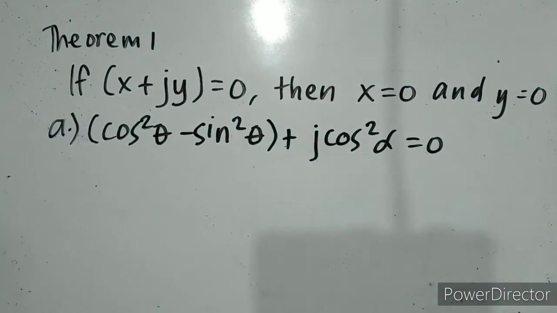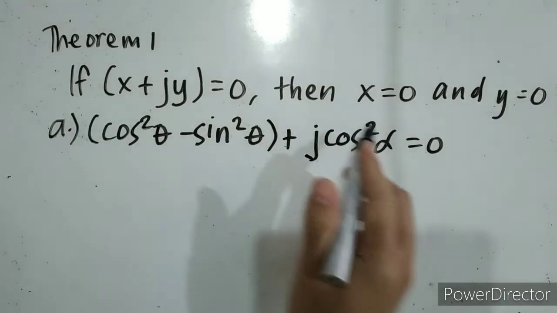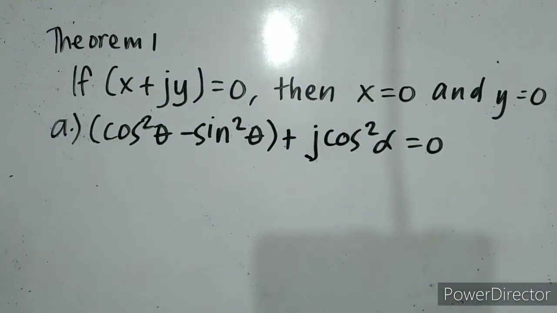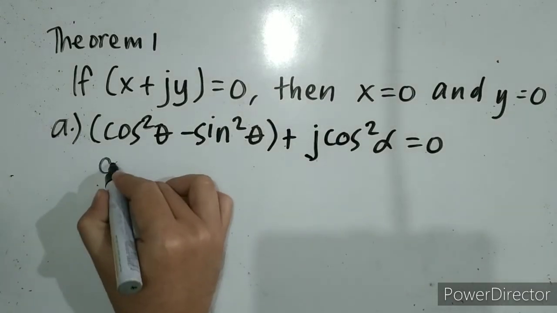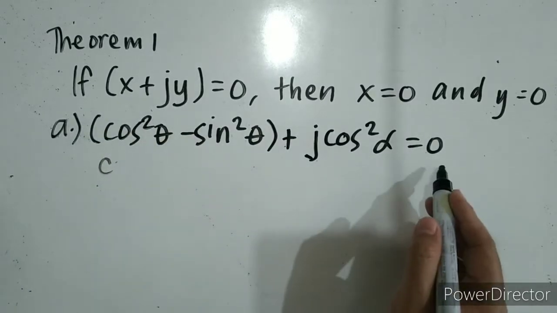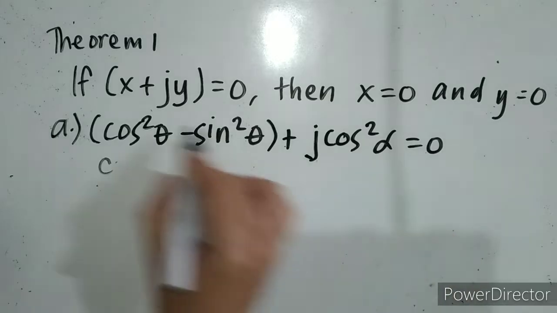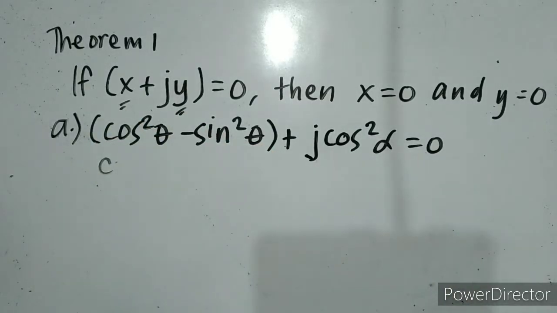We will use Theorem 1 of complex numbers to solve for theta and alpha. Theorem 1 states that if the complex number is equal to 0, then we need to equate its real part to 0 and its imaginary part to 0.